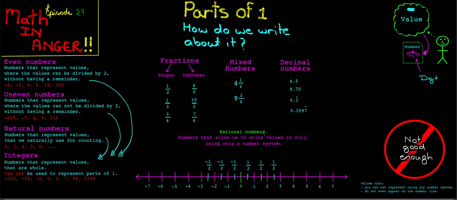The rational numbers are basically numbers that allow us to write values in full. In other words, we can write the entire value using only a number system. We don't need to pull any kind of tricks in order to be able to write the value. That is a rational number.